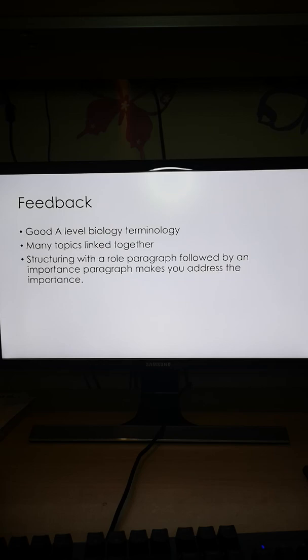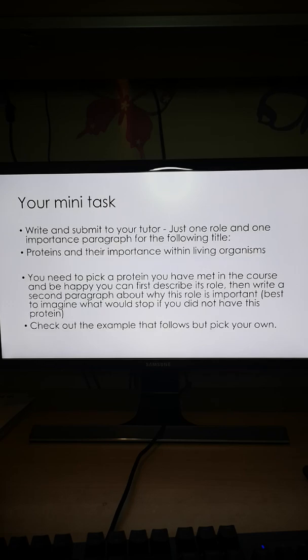But also by structuring a role paragraph followed by an importance paragraph, it kind of already forces you to do that importance properly. And as soon as you start talking about the importance and linking back to the title, you skip up past 11 and start working your way up that mark scheme, which is where we want to start to progress.